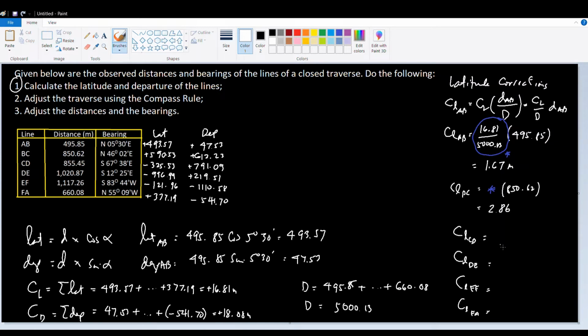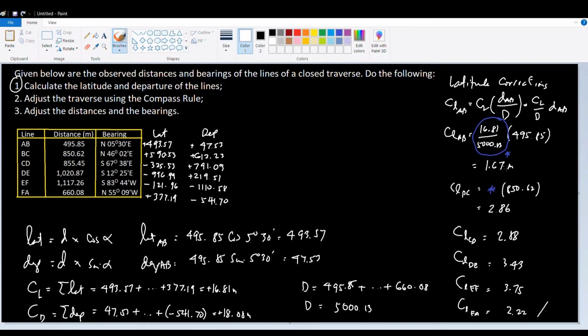You should get the following values of, let me see, 2.88, 3.43, 3.75, and 2.22. So let us check the sum.